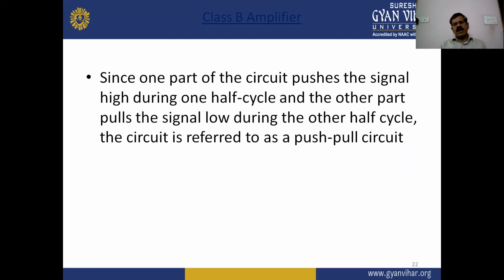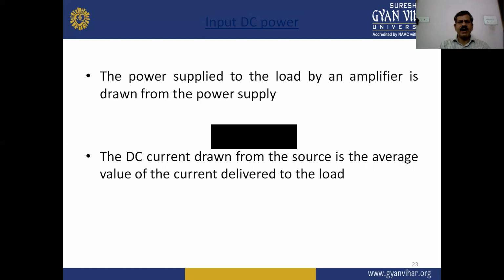Since one part of the circuit pushes the signal high during one half cycle and the other part pulls the signal low during the other half cycle, the circuit is referred to as a push-pull circuit or push-pull amplifier.